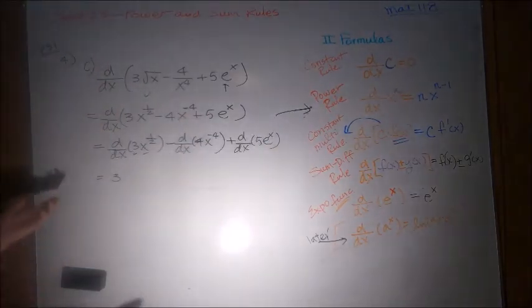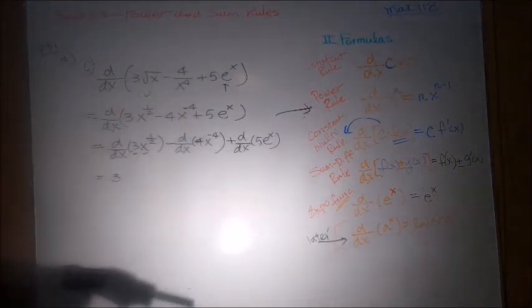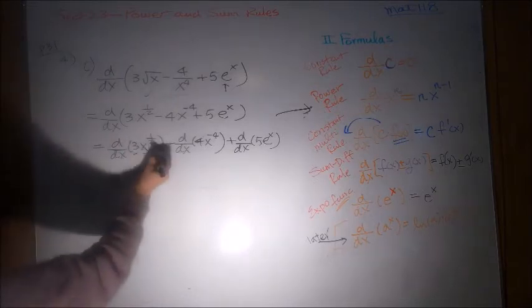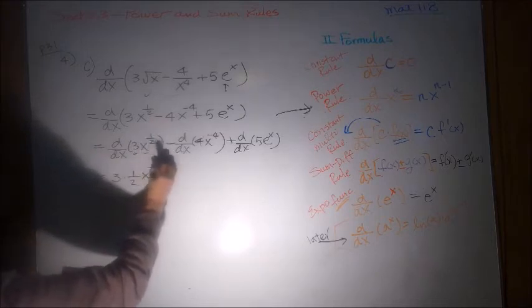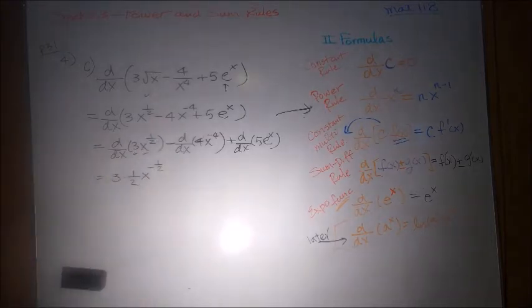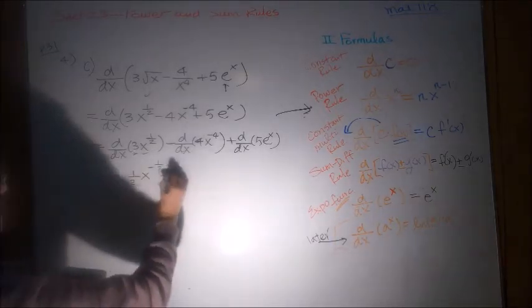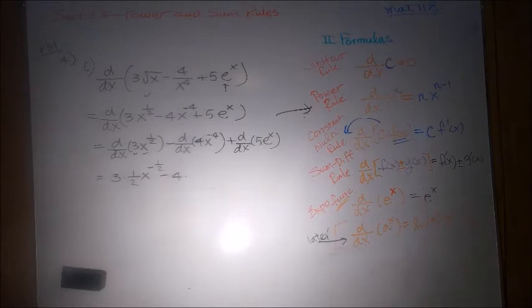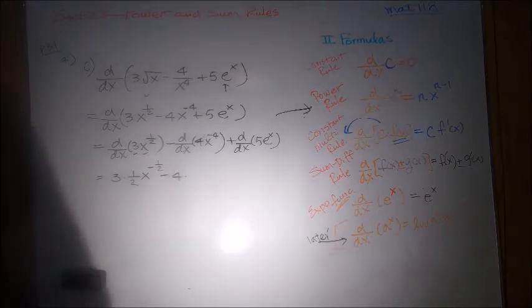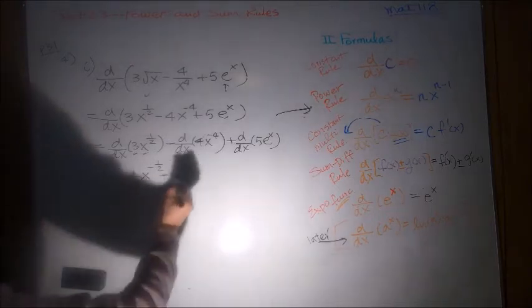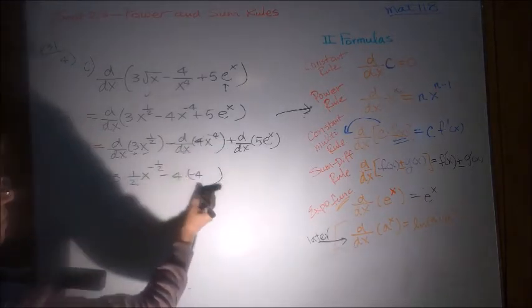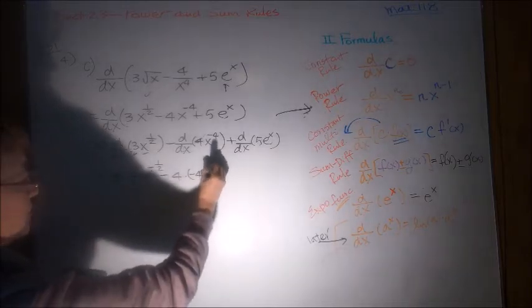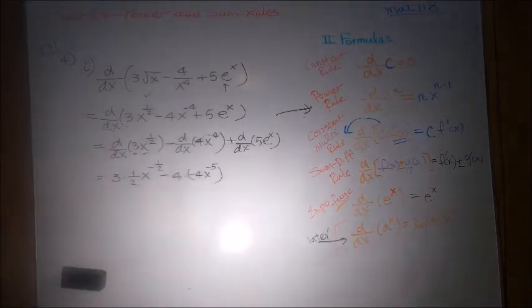Power rule means x to the exponent, then you drop one level and take the coefficient out. So half, drop one level, will give what? Negative half, right? Then this one, take the number out. Drop one level would be, from negative 4, becomes what? Negative 5, right?